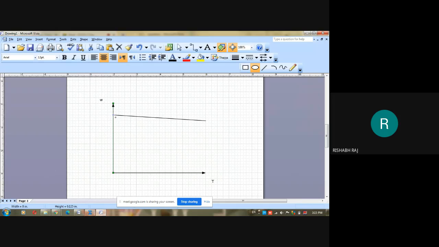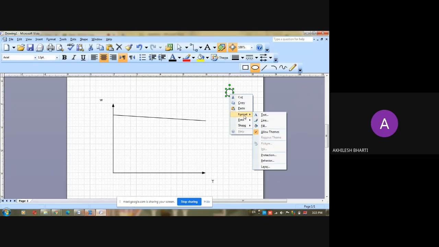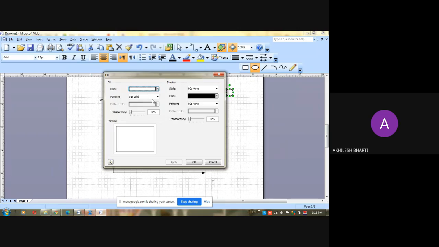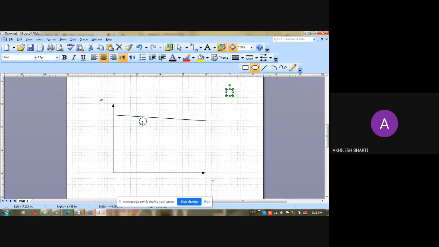The no load point, without load. This is 1 point, that corresponds to the no load speed of the motor, where torque is equal to 0 and the speed is the no load speed, that is omega 0.